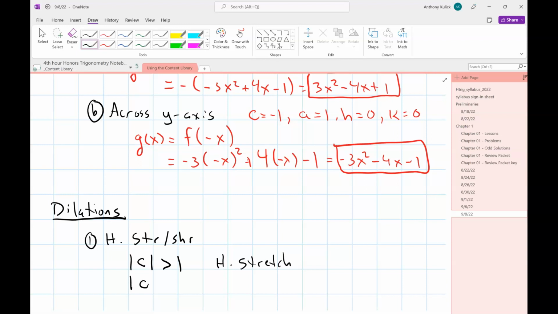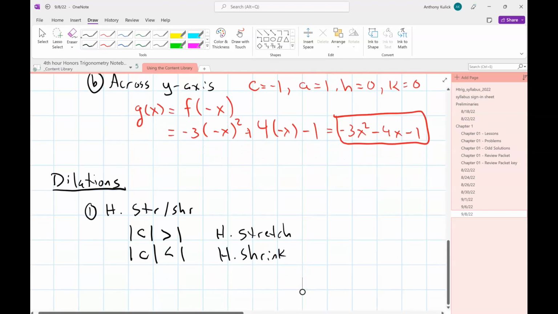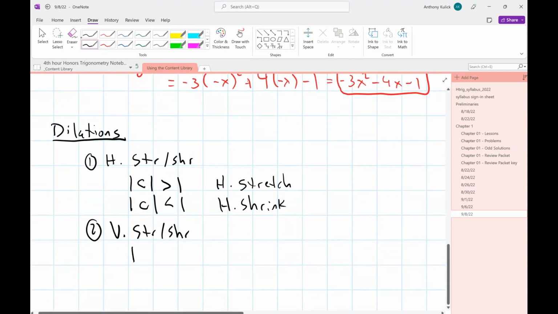And if it's less than 1, it's a horizontal shrink. And then we have vertical stretches and shrinks. This is going to be controlled by the magnitude of the a value.